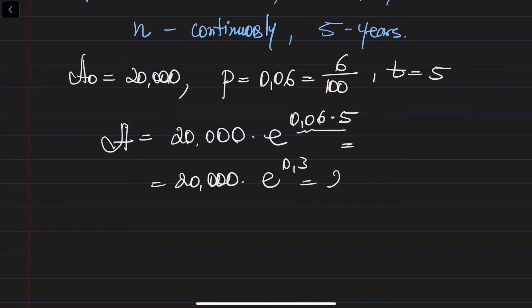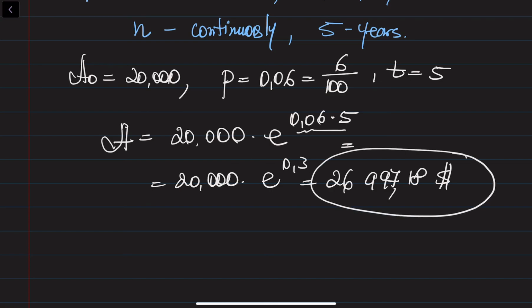This is going to be equal to 26,997.18 dollars. So this is what we can get from the bank if the bank would calculate the percentages continuously.